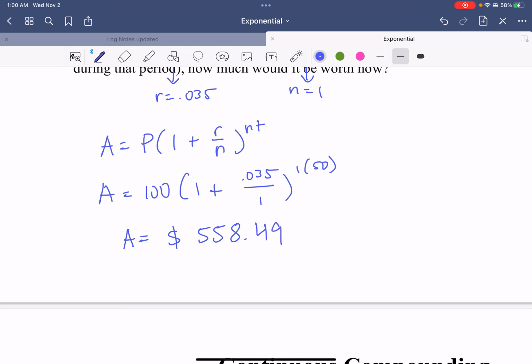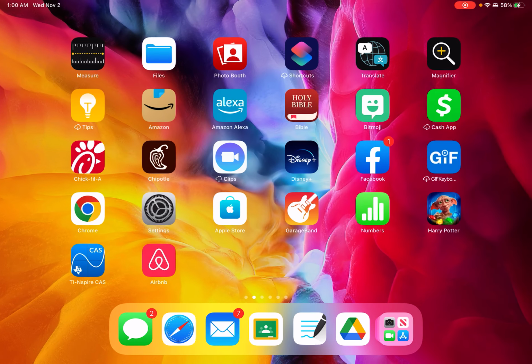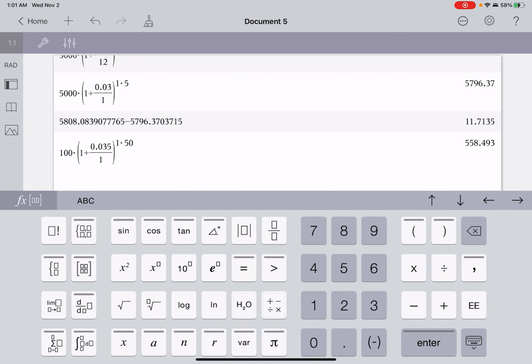Now notice that I only have 2 decimal places because this is a dollar amount. You have to account that money is only ever written with 2 places after the decimal to represent your coins, like your pennies and your dimes and your quarters and all that. So you should only ever have 2 decimal places. So even though the answer was 493 as a decimal, we're not going to write all 3.